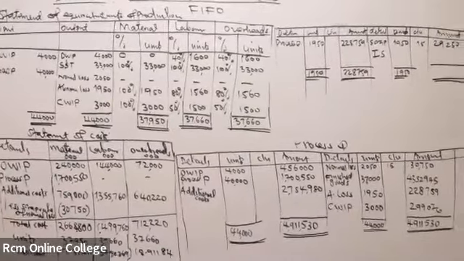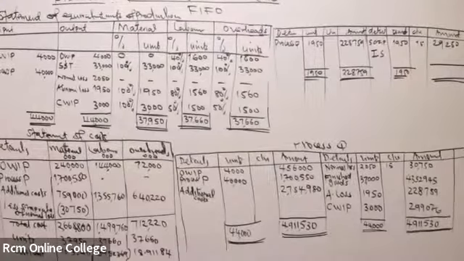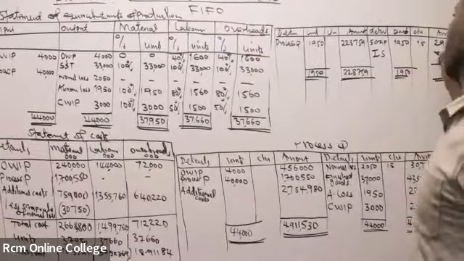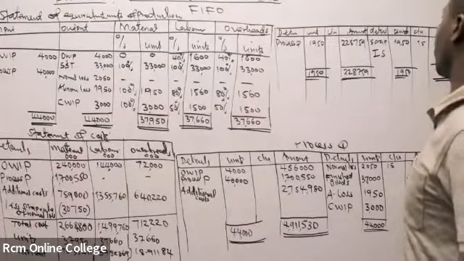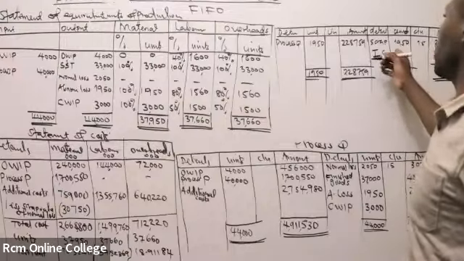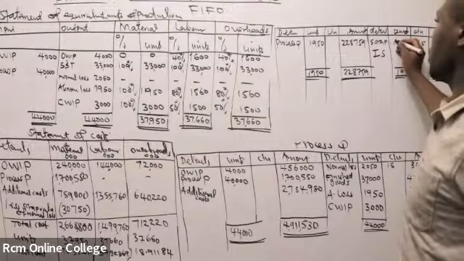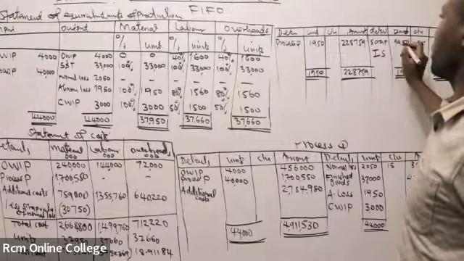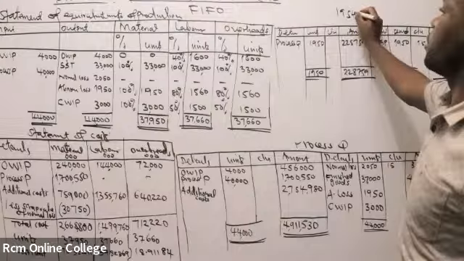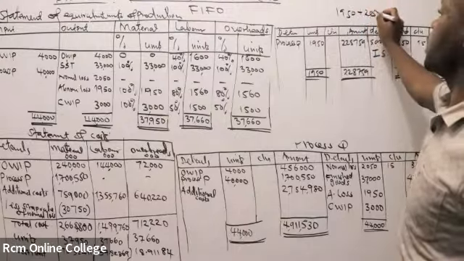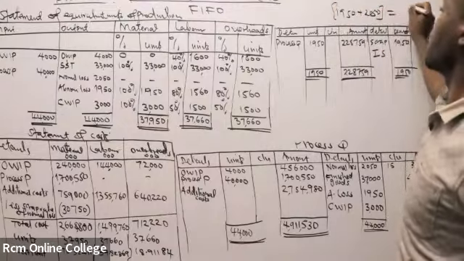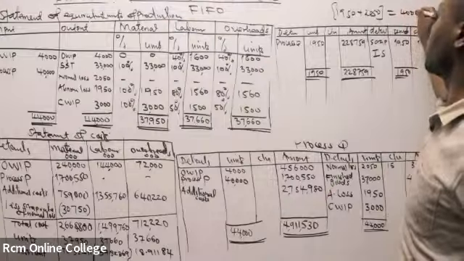The difference is 199,509. And of course, we take it without units. The units have been taken to the scrap account. The 1950 plus normal loss of 2050, that one is giving us 4,000.